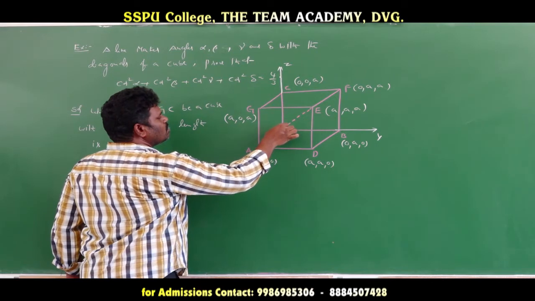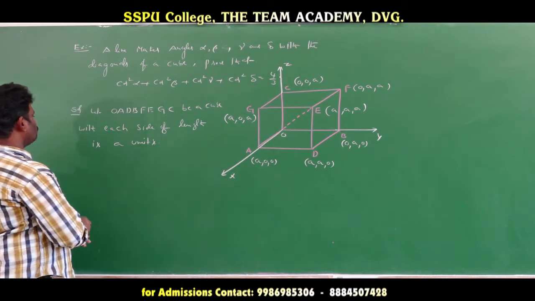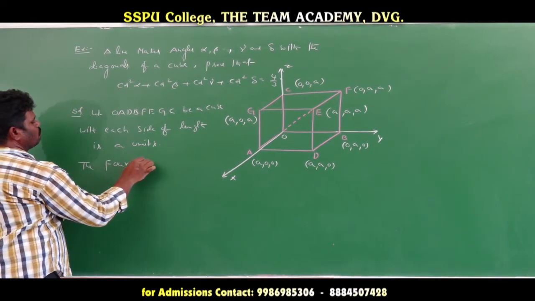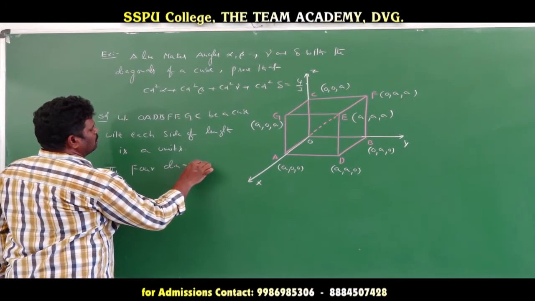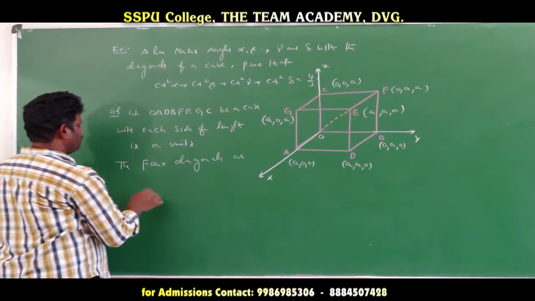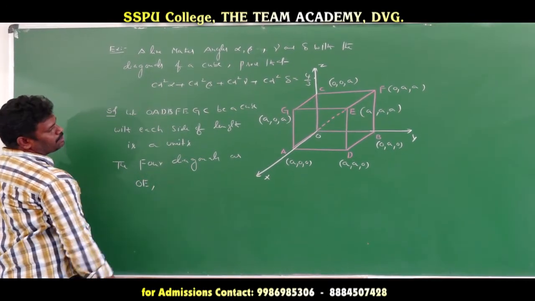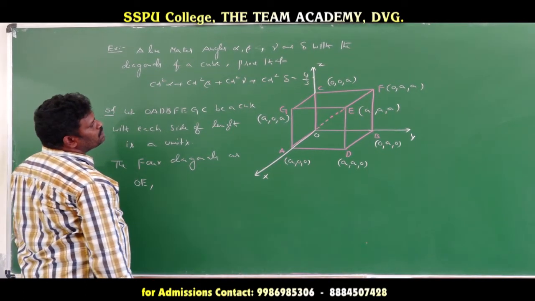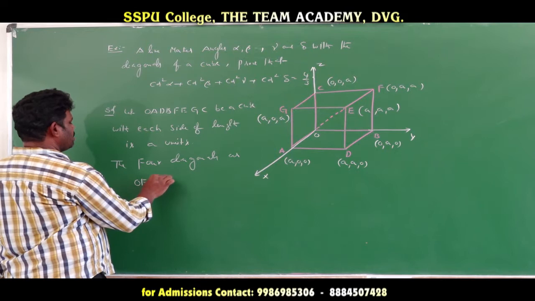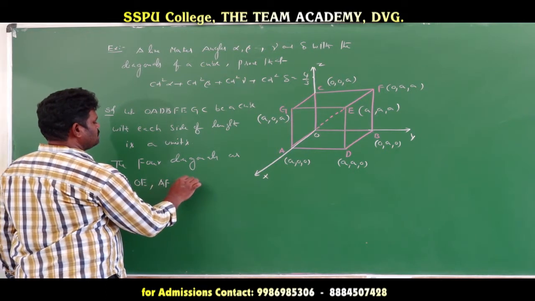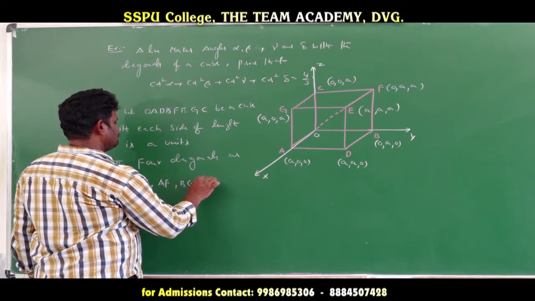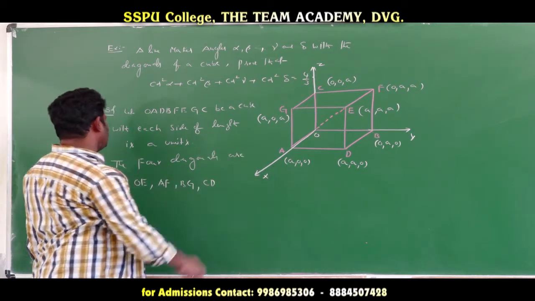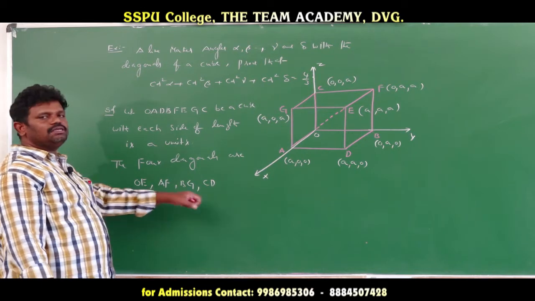Now here there are 4 diagonals. If we consider one diagonal OE, the 4 diagonals are OE, AF, BG and CD.